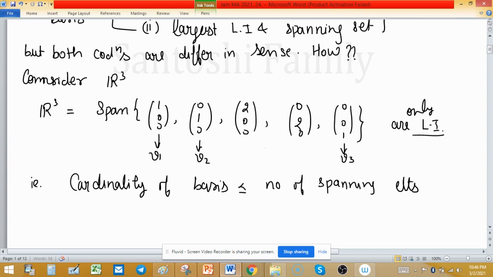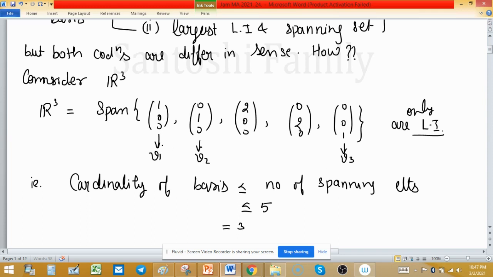Here 5 elements are given, so the cardinality of this basis is at most 5, but the cardinality of the basis in the perfect sense is 3, because these 3 are LI vectors and they are a spanning set.